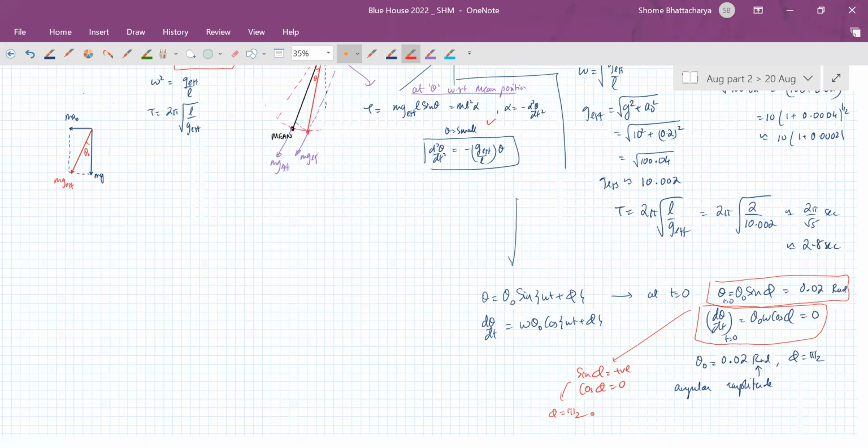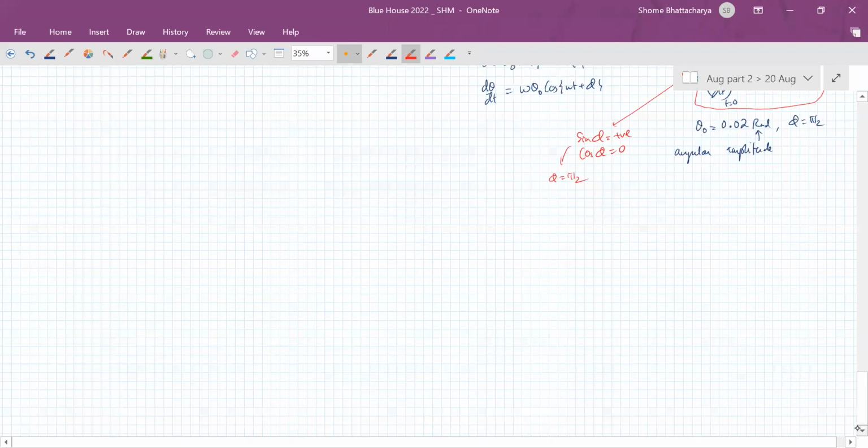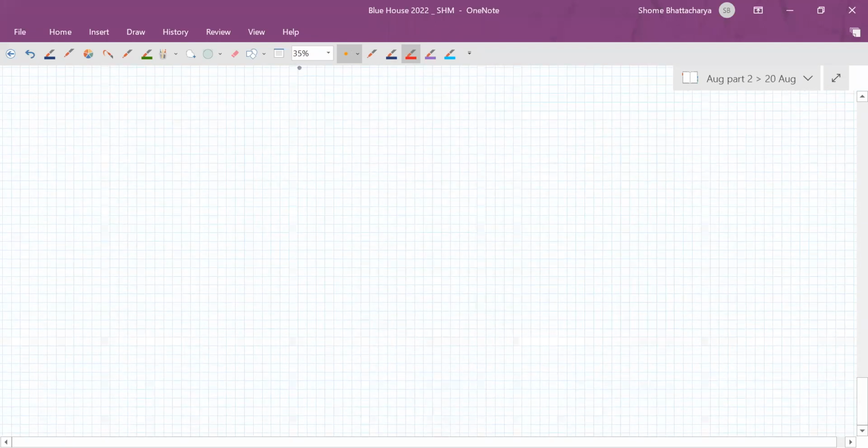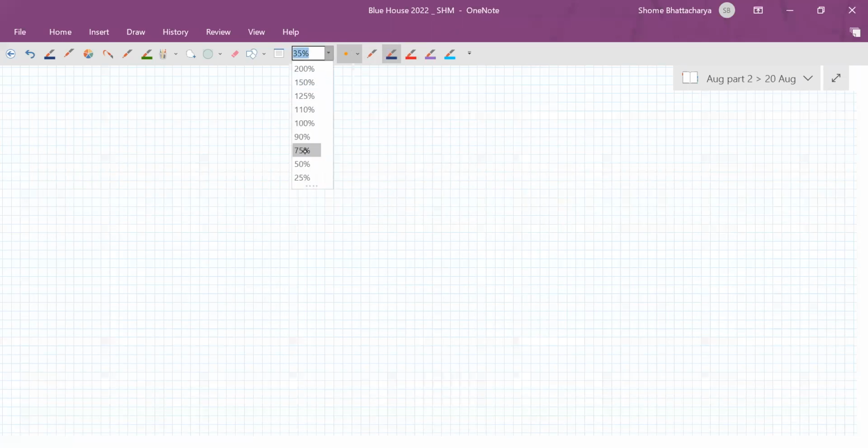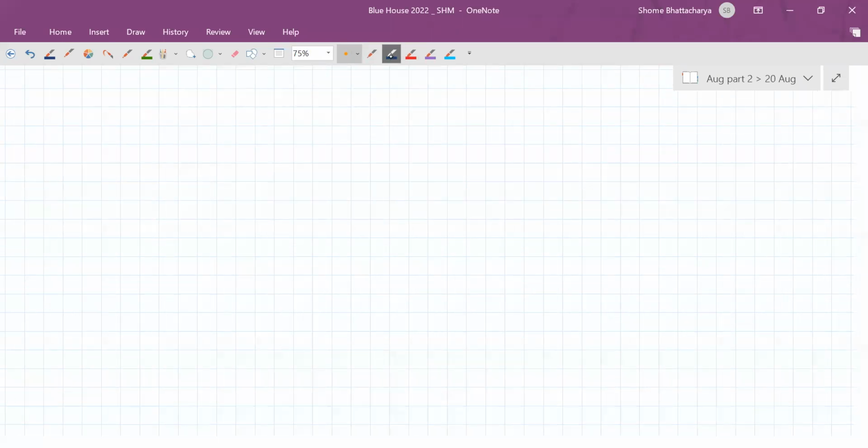Okay, people. So hope this is clear. Okay, so now we move on to another type of pendulum, which is called the torsional pendulum. Now this is completely different to physical pendulum.